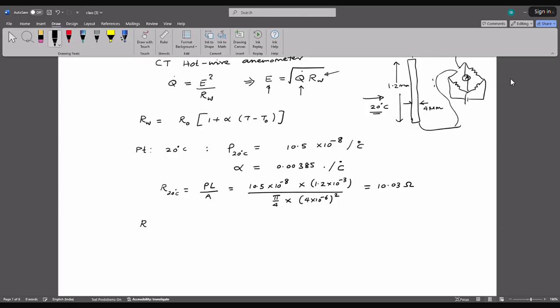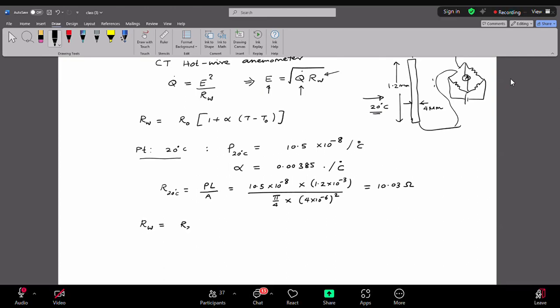Then at 200 degrees centigrade, with 20 degrees as the reference temperature, what is the resistance of the wire? R20 into 1 plus alpha into 200 minus 20.